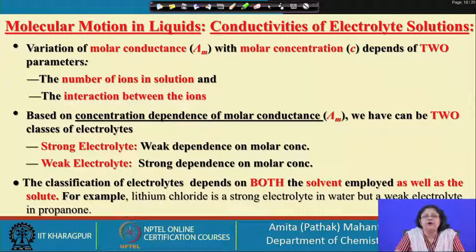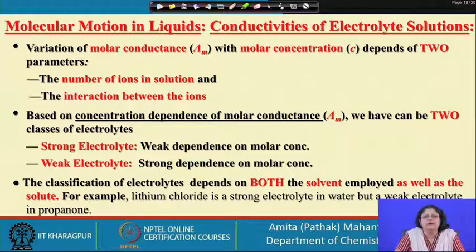So, based on how the molar conductivity changes with the molar concentration of the electrolyte, we can classify the electrolyte system into two: one is a strong electrolyte, one is a weak electrolyte.